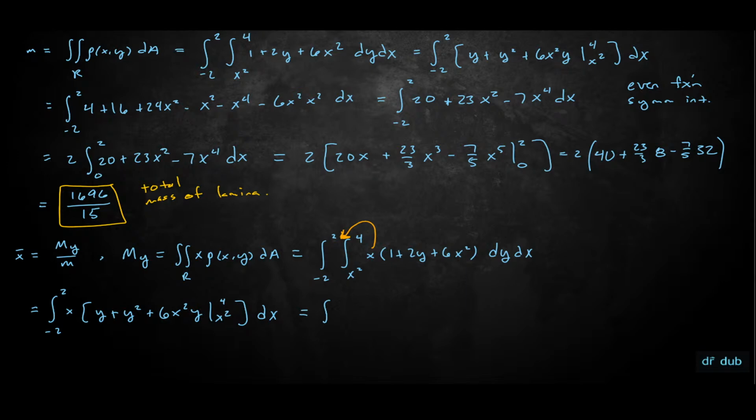So it's really just going to be the integral from -2 to 2 of x times what we had earlier, which was 20 plus 23x squared minus 7x to the 4 dx. And we multiply by x, we're going to get the integral from -2 to 2 of 20x plus 23x cubed minus 7x to the 5th dx.